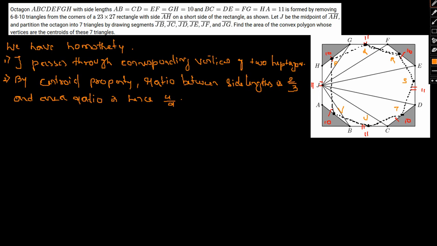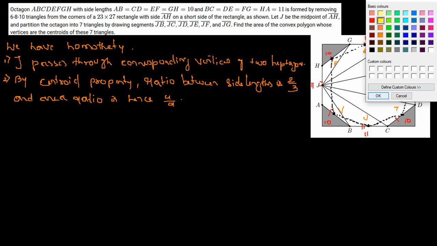Now what we need to do is compute the area of the large heptagon by dividing it into two congruent trapezoids and a triangle. So if we talk about the large heptagon, let's first try and find out the area of the trapezoid portion.